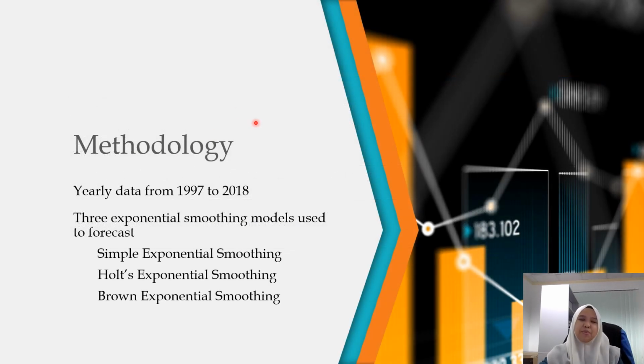Next section is methodology. For this study, the data is yearly, collected from 1997 to 2018, and we use three exponential smoothing models: simple exponential smoothing, Holt exponential smoothing, and last is Brown exponential smoothing.